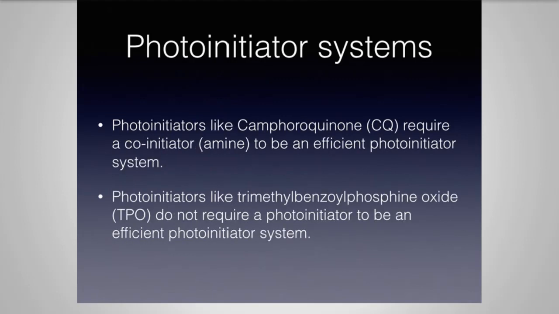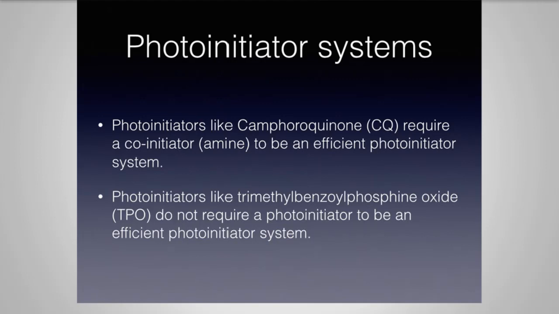The photoinitiators that are most commonly used and that we're very familiar with are the camphorquinones, the CQs, which require a co-initiator such as an amine to be an efficient photoinitiator system.